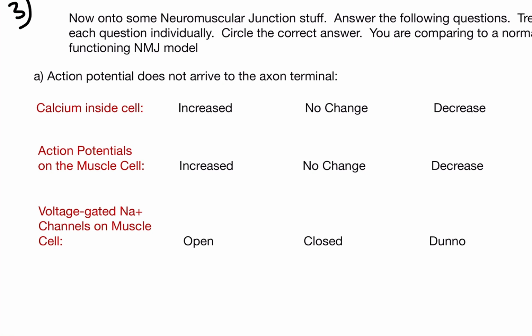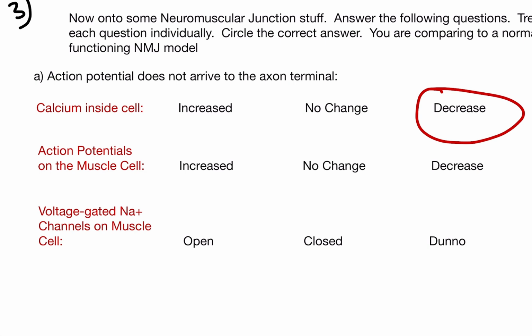What are going to be the levels? Increased levels, no change, or decrease? The answer is decrease. If the action potential never arrives to the axon terminal, the voltage-gated calcium channels will never open up. So there's not going to be really any calcium inside the axon terminal.